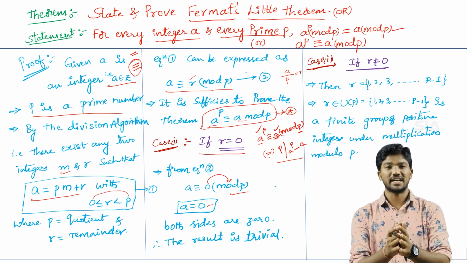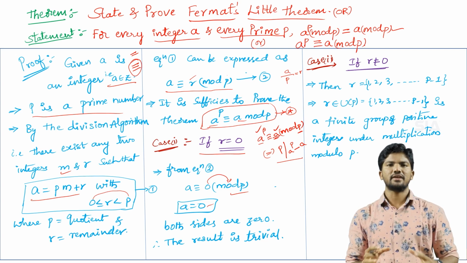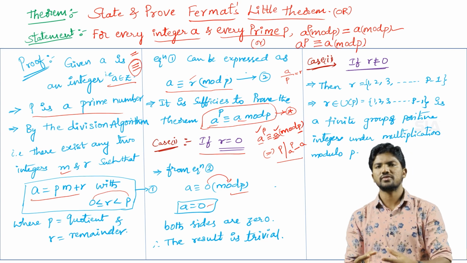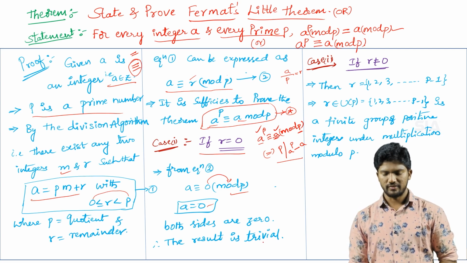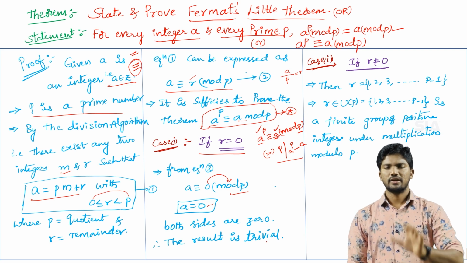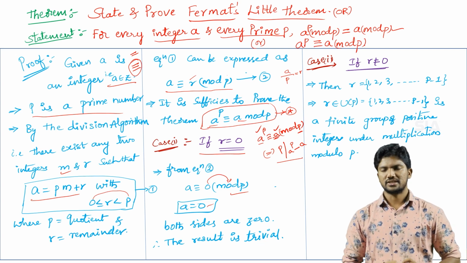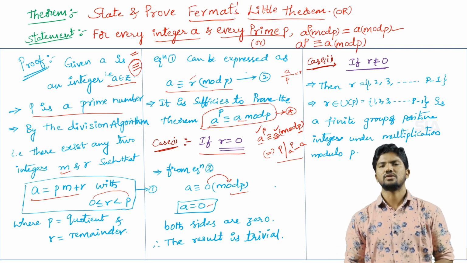So both sides of equation star become 0. Therefore, whenever the remainder r is 0, the required proof is trivial. There is no need to prove the given condition when r is 0. But we are not getting the required condition, so we go to the second case, that is r not equal to 0.